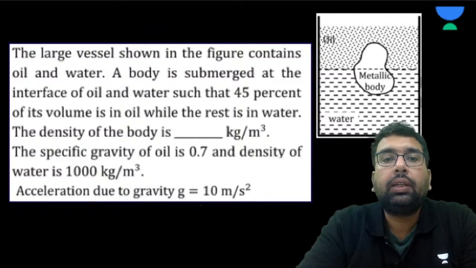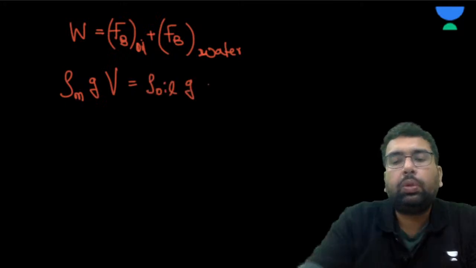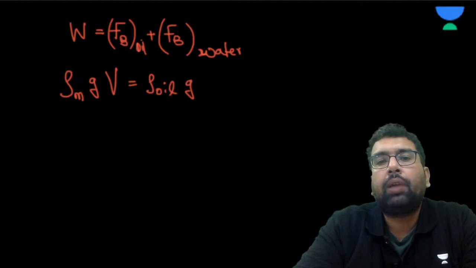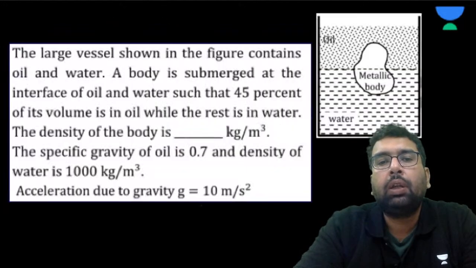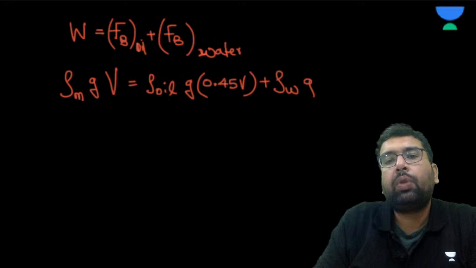A body is submerged at the interface such that 40% of its volume is in oil, so density of oil into g into the part of volume immersed in the oil, 0.45 of V. Then it will be density of water into g for the rest.